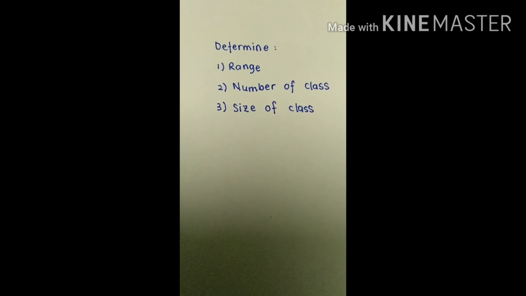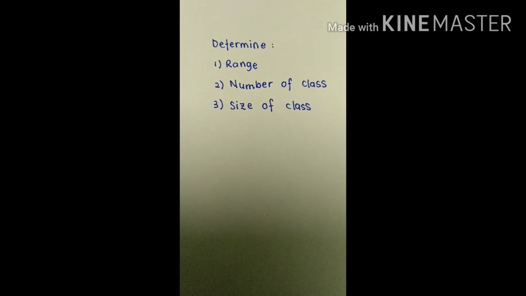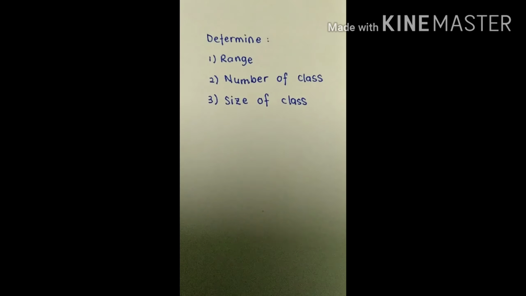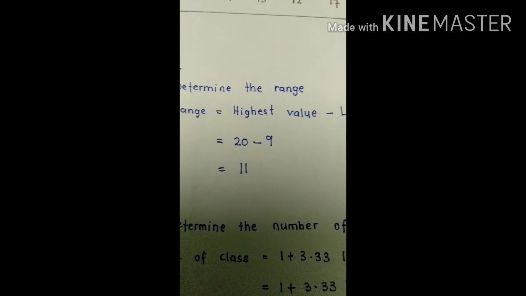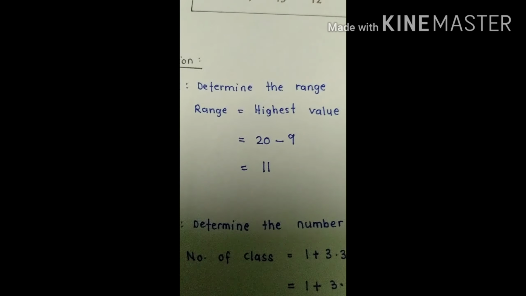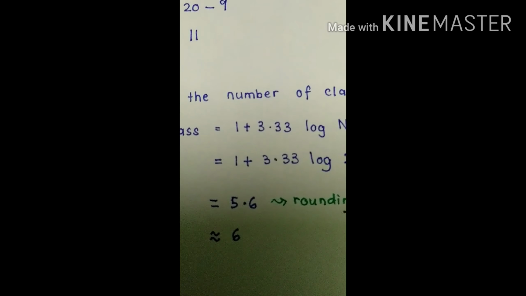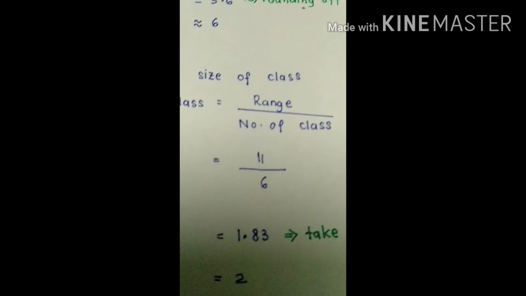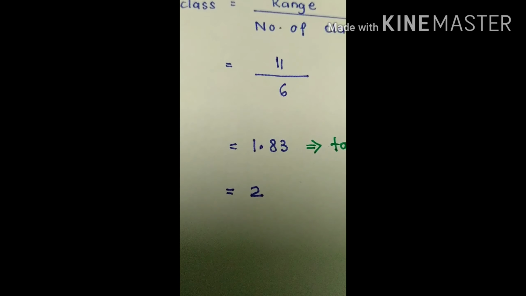Now that we have all the information to construct a frequency distribution table: the range of the data is 11, the number of classes is 6, and the size of class is 2.